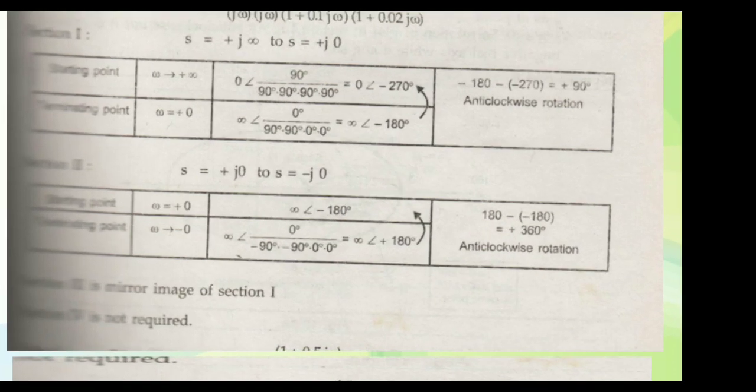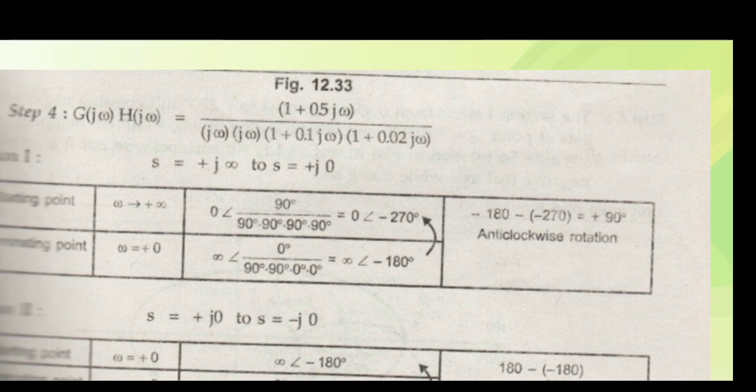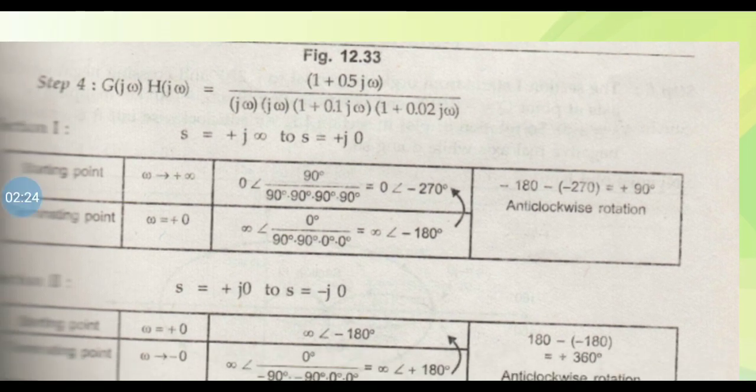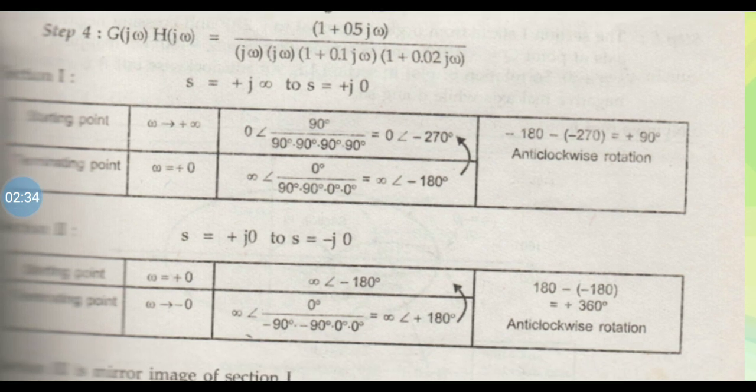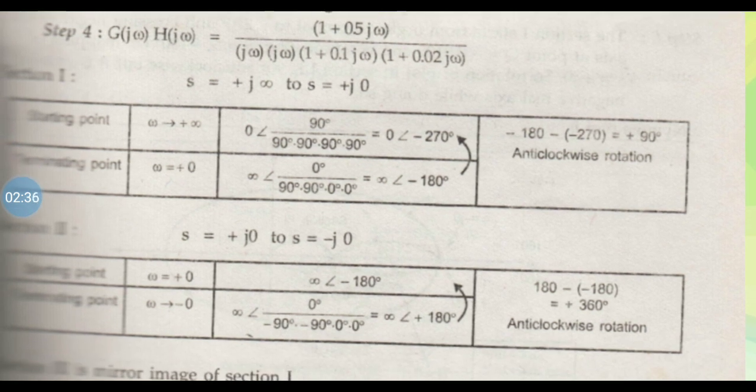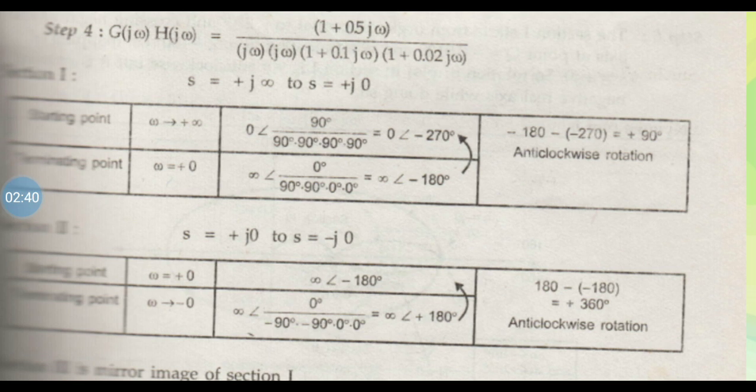the next step, step 4, is to substitute s as j omega. So G(j omega)H(j omega) will be equal to (1 + 0.5 j omega) divided by j omega square into (1 + 0.1 j omega) into (1 + 0.02 j omega).